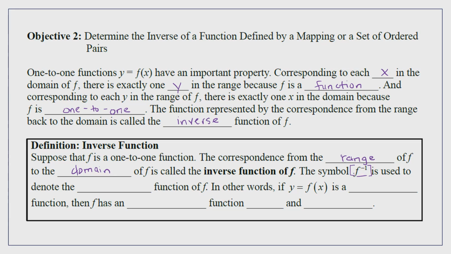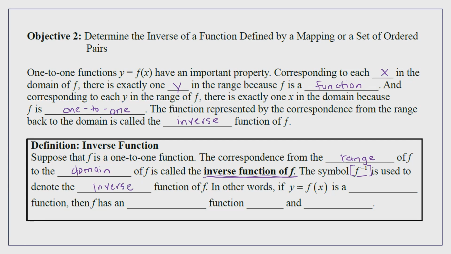So this is the symbol for the inverse function of f. So when you see this, we're not saying f to the power -1, although that's what it looks like. We're actually saying the inverse function of f. And this is used to denote the inverse function of f.